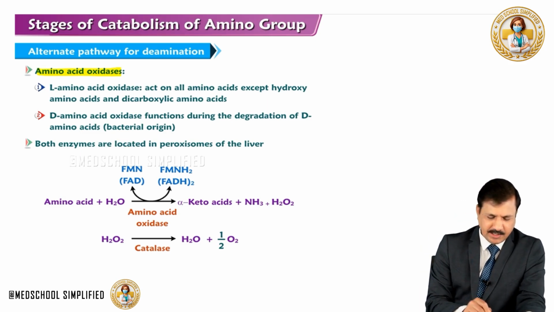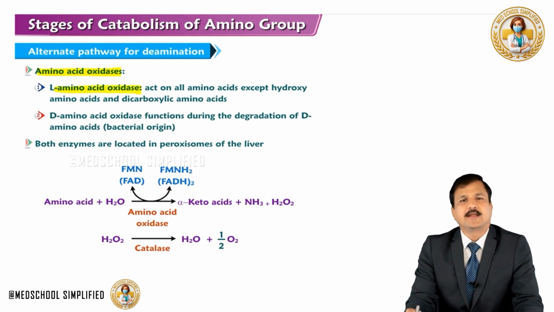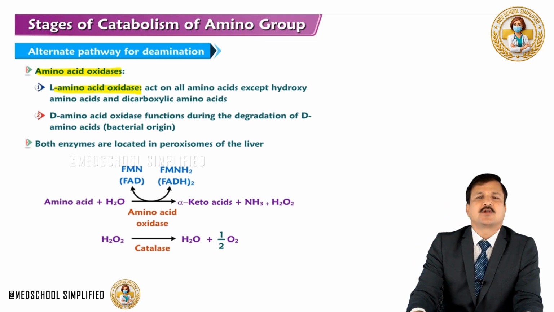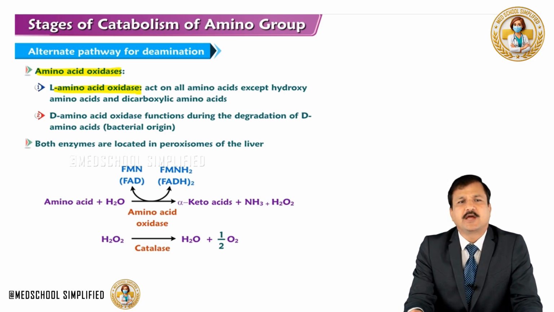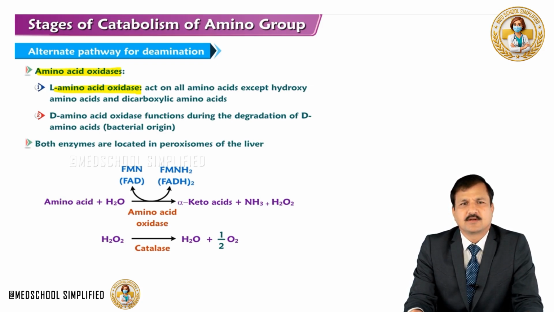One is L-amino acid oxidase, and L-amino acid oxidase acts on all amino acids except hydroxyl containing amino acids and dicarboxylic amino acids. What are the hydroxy amino acids and dicarboxylic amino acids? Hydroxy amino acids, we have 3 of them.